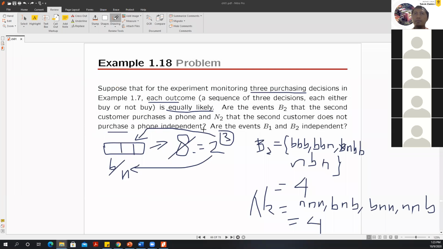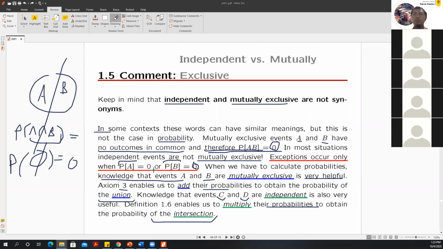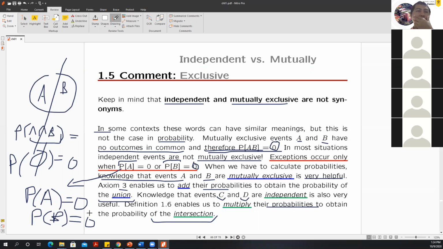You can see here, if the probability of A becomes 0 and the probability of A and B is equal to 0, it means that A and B are independent and mutually exclusive.